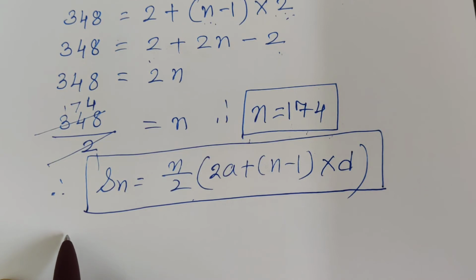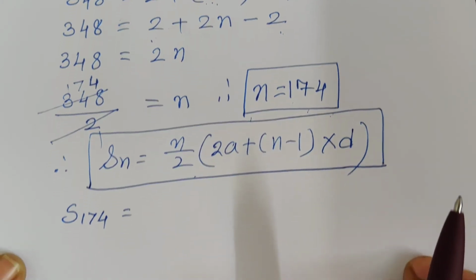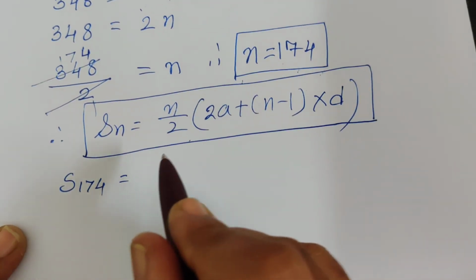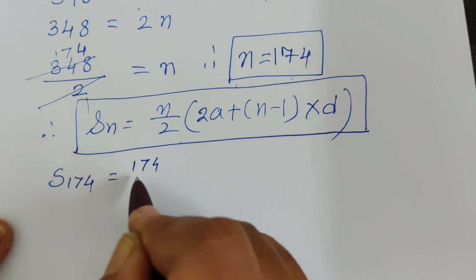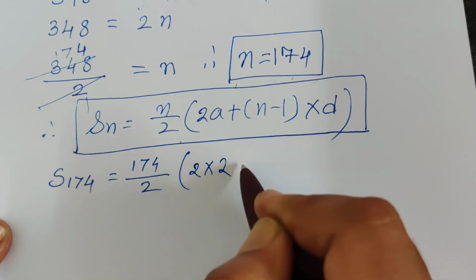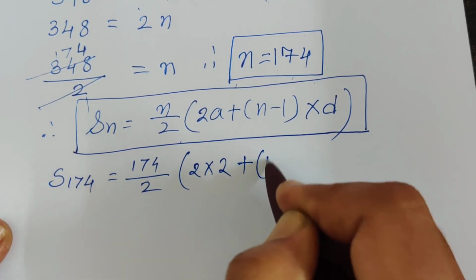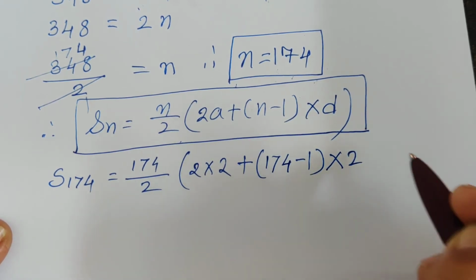Now Sn, that means sum of 174, equal to 174 upon 2 in bracket 2 multiplied by 2 plus 174 minus 1 multiplied by 2.